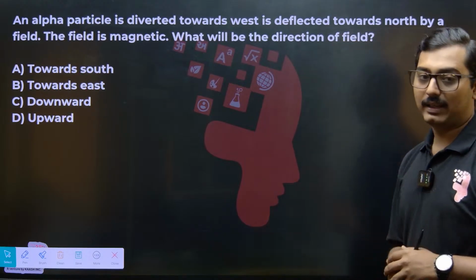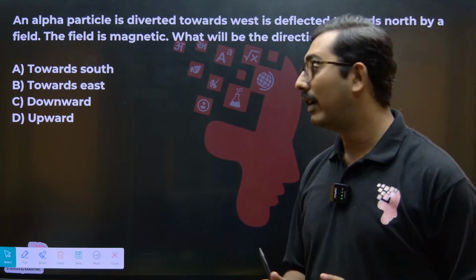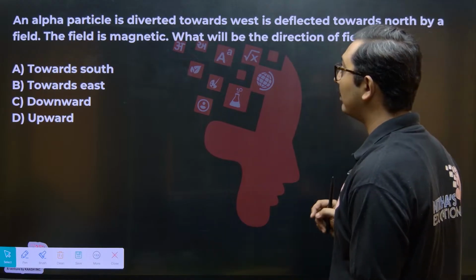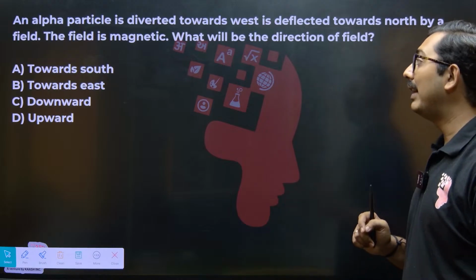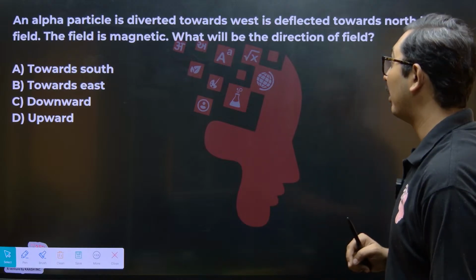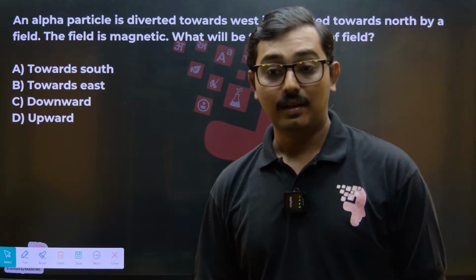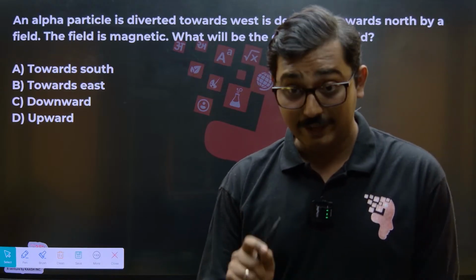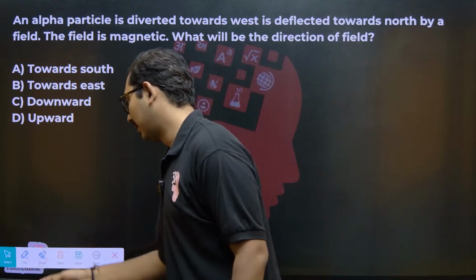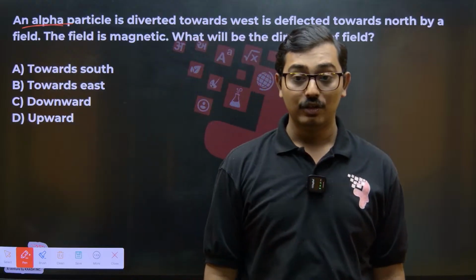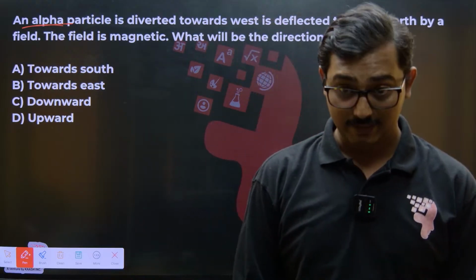An alpha particle moving toward west is deflected toward north by a field. The field is magnetic in nature. What will be the direction of the field? Now the important part is here: it is an alpha particle. Alpha particles are positive in nature.